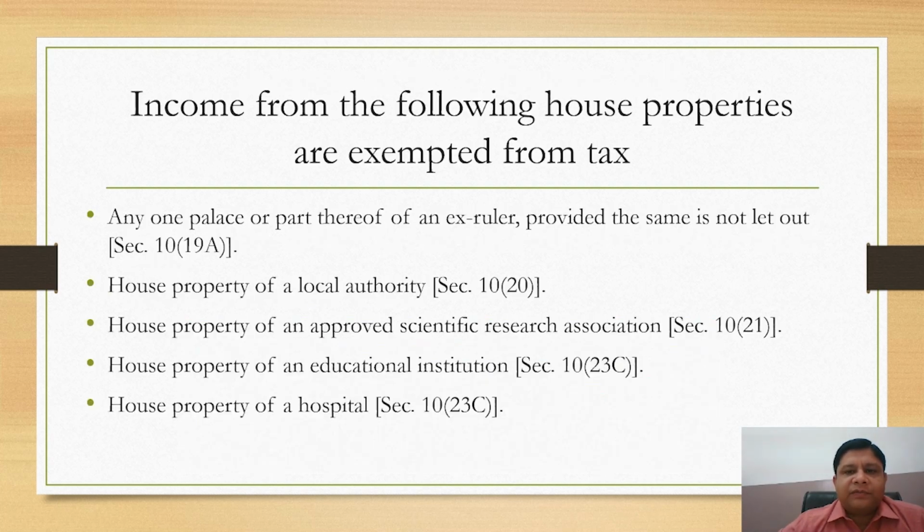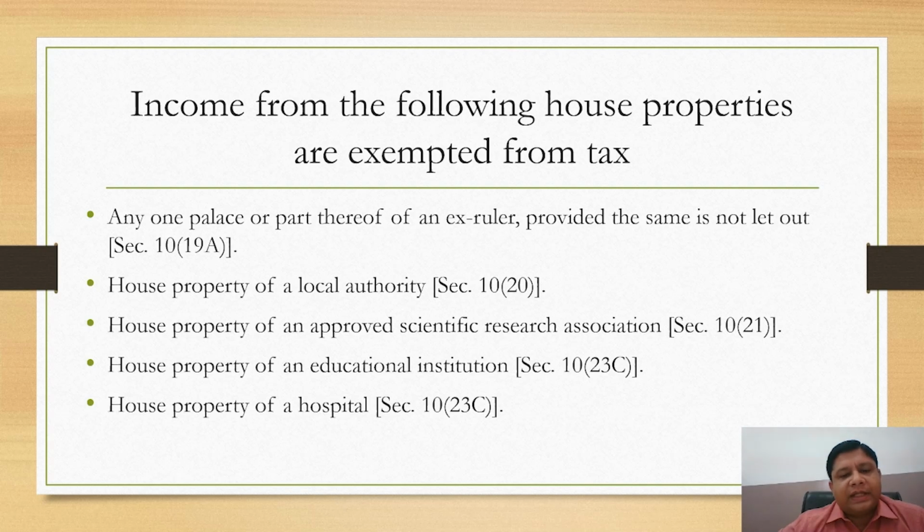Now, income from the following house properties is exempted from tax. So basically, these are the incomes which are totally exempted from income from house property. Any one palace or part thereof of an ex-ruler, provided the same is not let out, is exempted. House property of a local authority, exempted. House property of a scientific research association, exempted.